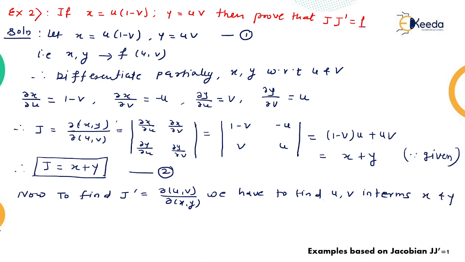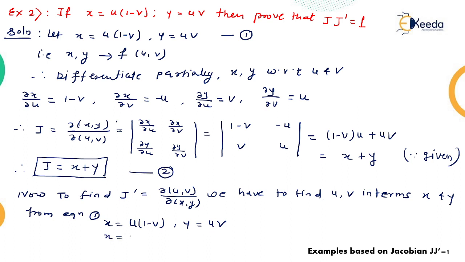So therefore from equation 1, x equals u(1 minus v), and y equals uv.